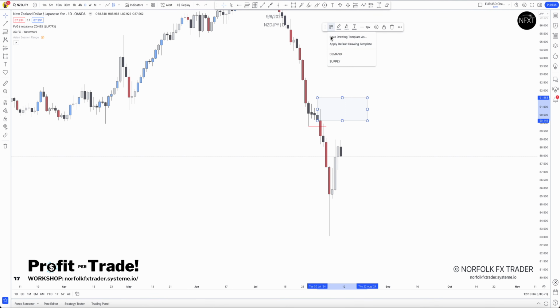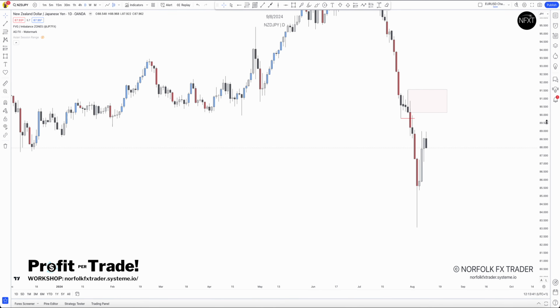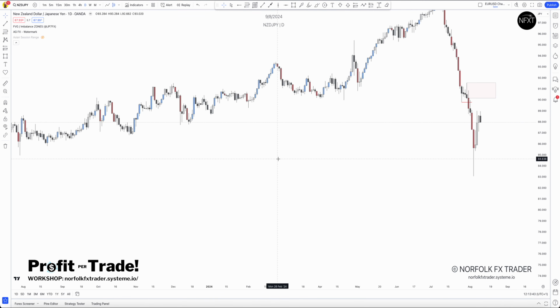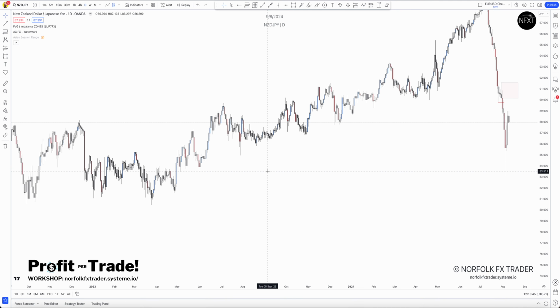It's more of a drop-base-drop supply, even though it is a break of structure. And if we look to the right, where do we have a low? There's your sweep. Remember, what are we sweeping into? Into demand.